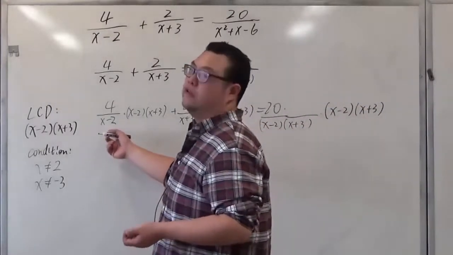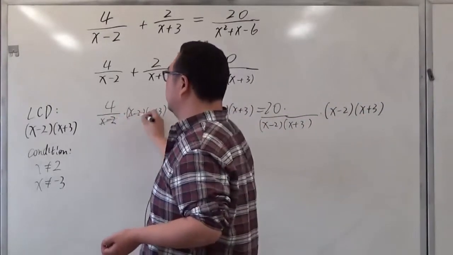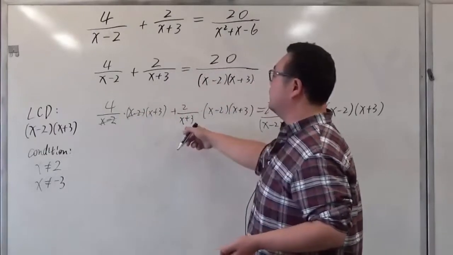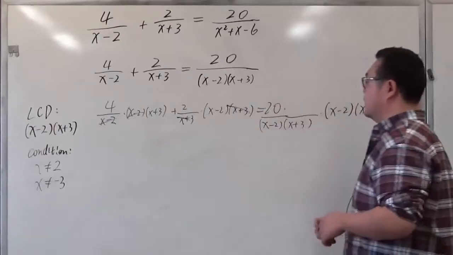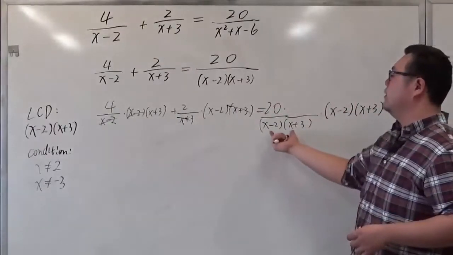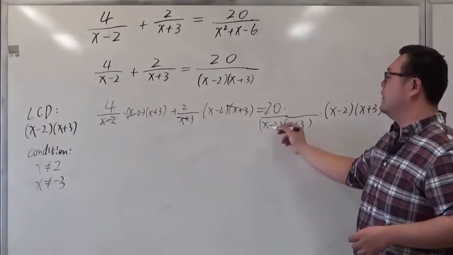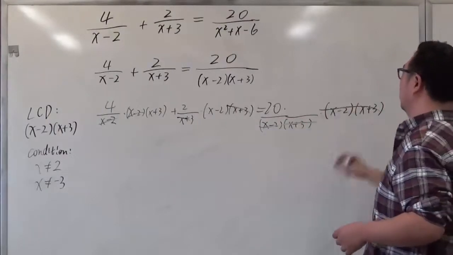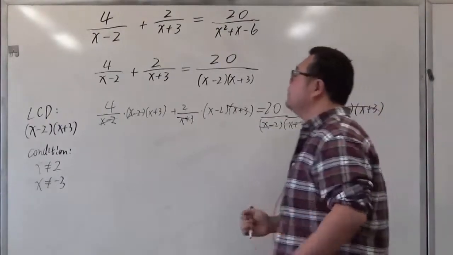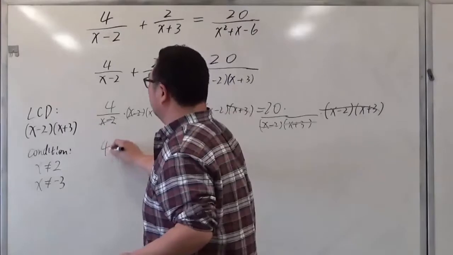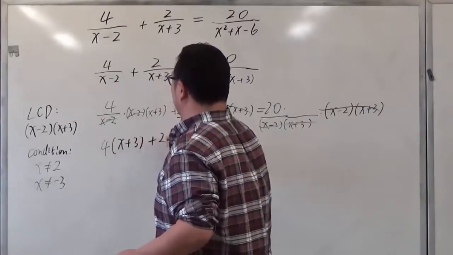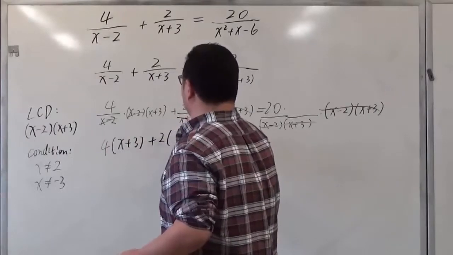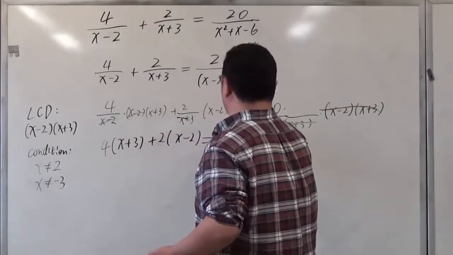The first one cancels out the x minus 2. The second has denominator x plus 3, so it cancels out the x plus 3. The third term has x minus 2, x plus 3, which cancels out everything. So we are left with 4 times x plus 3 plus 2 times x minus 2 equals 20.